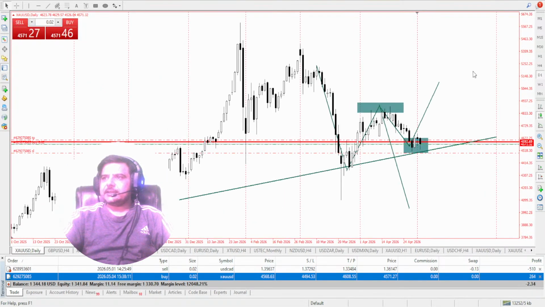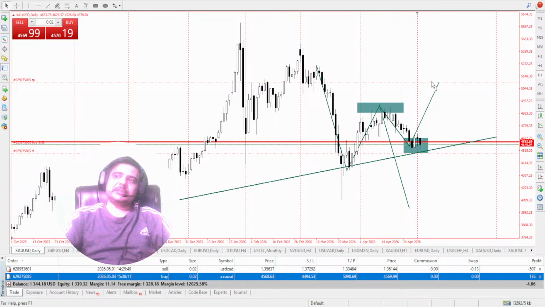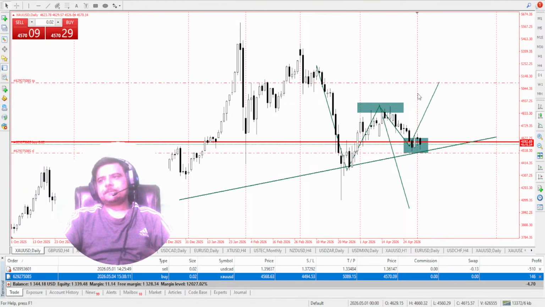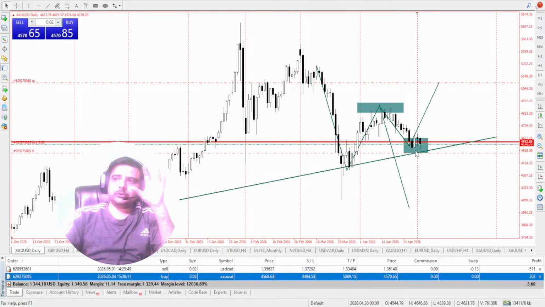But this buyer is also targeting, let's see, 5300 pips. 50% they are going to leave right here, 50% right here, and at this level most probably the sellers should enter below.